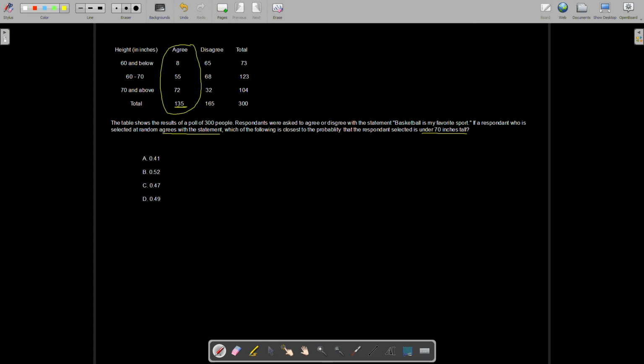Now the people who make the prompt true, the people who both agree with the statement and are under 70 inches tall, are going to be these two columns, because this one goes up to 70. So the people who are under 70 inches and agree with the statement are both 60 and below and 60 to 70 inches.